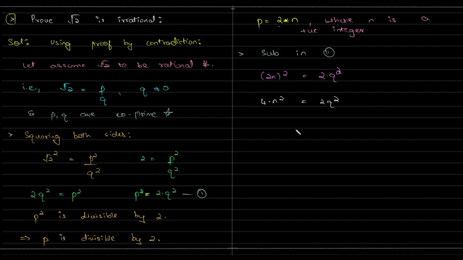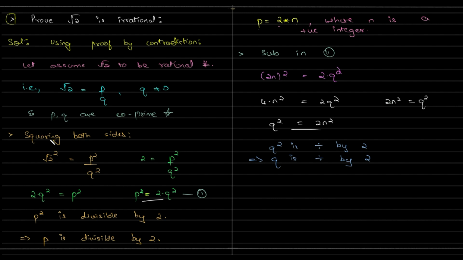So we'll divide by 2 on both sides and we'll get 2n square is equal to q square, or q square is equal to 2n square. Looking at the pattern over here, it's similar to what we did earlier. Since q square is a product of 2 and n square, q square is divisible by 2. Thus q is divisible by 2.